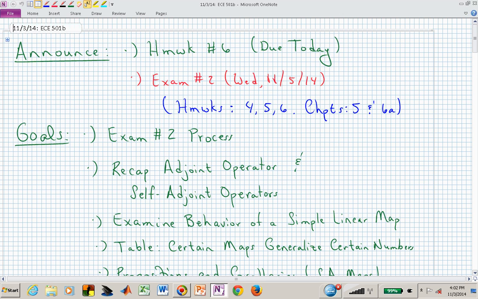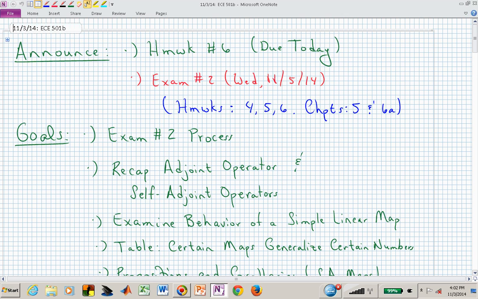It's mainly now just inner products and up through the material that's covered on homework number 6, which is due today. Is that clear?